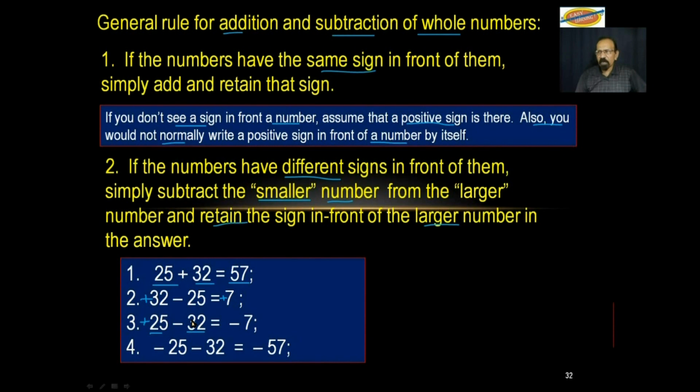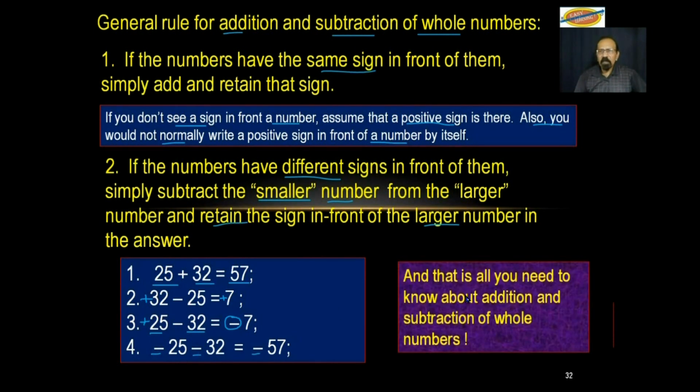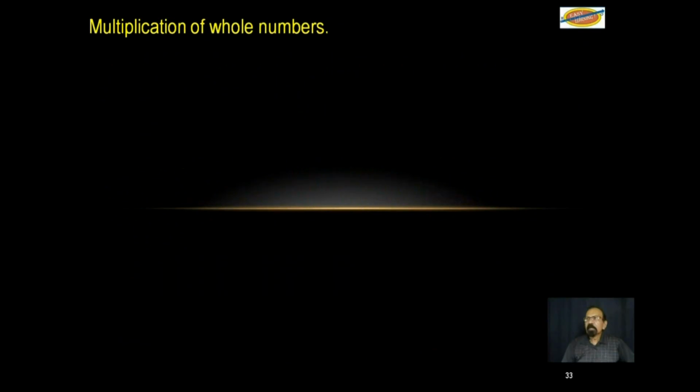Unlike signs, you subtract and you keep the sign in front of the larger number. So that would be minus 7. And minus 25 minus 32, like signs, you add them and you keep the like sign. And that is all you need to know about addition and subtraction of numbers. Now, multiplication of whole numbers.